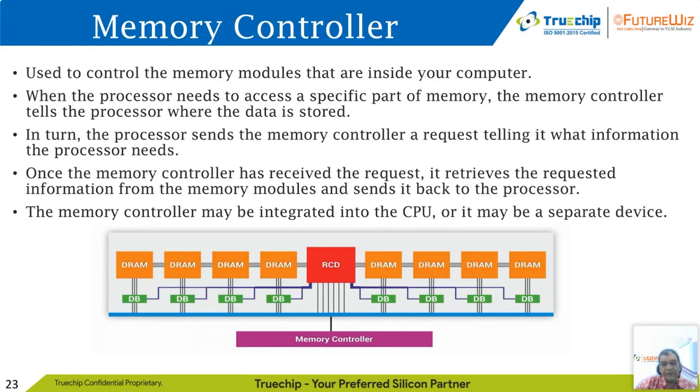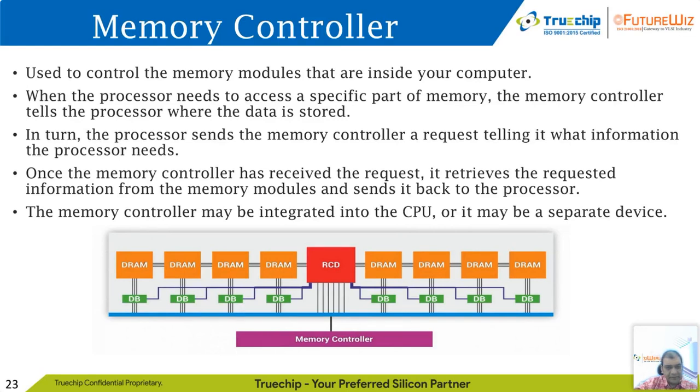The processor need not be worried about it. It just says I need to read data from this address, and the memory controller has to fetch it. Similarly, it says I need to write data at this address, and the memory controller has to write it. So the goal of the memory controller is to act as an interface between the processor and the memory, right?